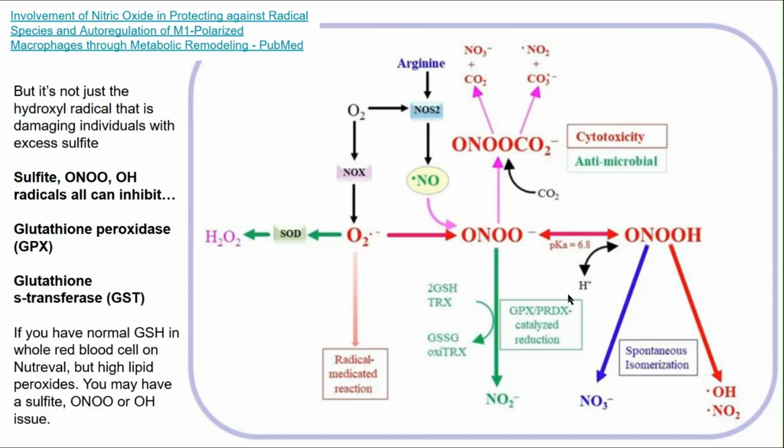And then within the cells, the glutathione should also help, right? So it should help reduce the oxidative stress, but it's not doing that. And people are having lipid peroxide. So I wonder if the issue is actually that the sulfite or the peroxynitrate or even the hydroxyl radicals are in such large amounts that they're inhibiting the GPX from doing its reaction.